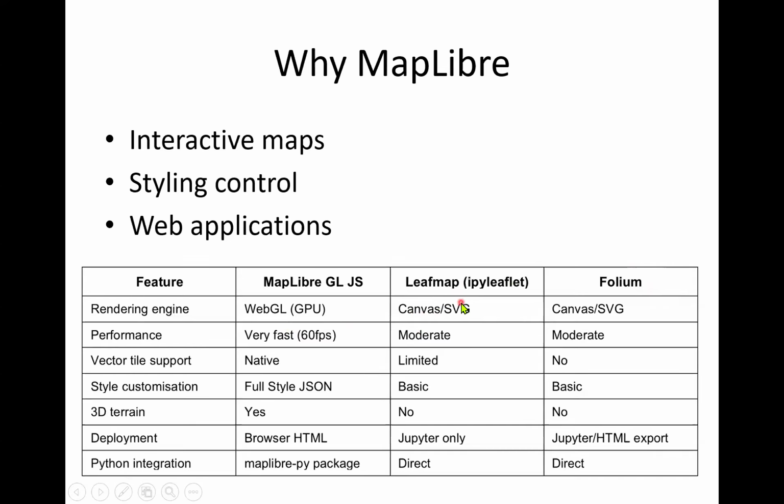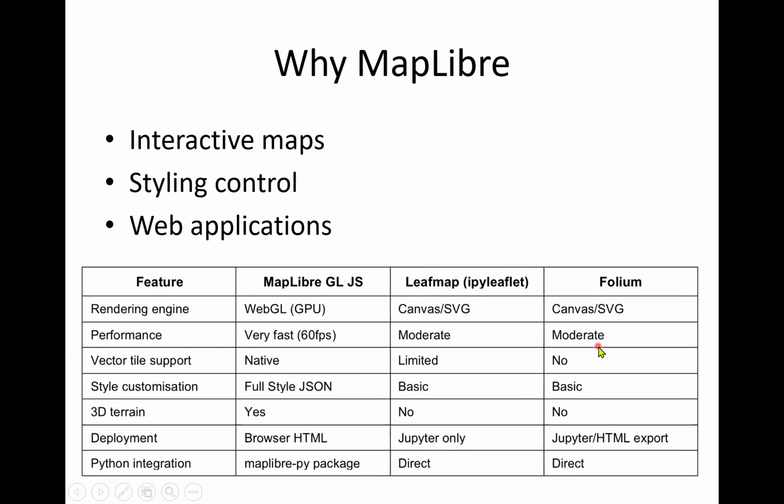So it will be slower, with limited animation in both libraries. We have also seen while working with Leaflet that we struggled with heavy data. Performance-wise, MapLibre is very fast, like 60 frames per second, with no lag and smooth movement. In Leaflet, it is moderate and okay for small datasets. Like we were working with the big raster file, but we were not able to load it.